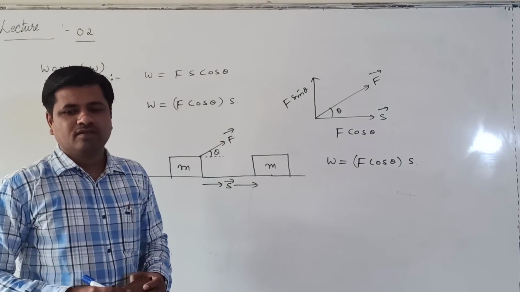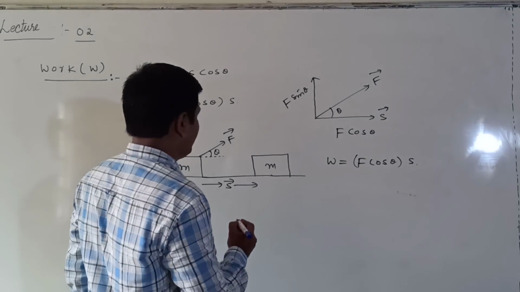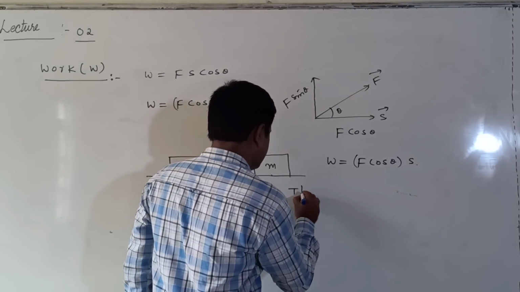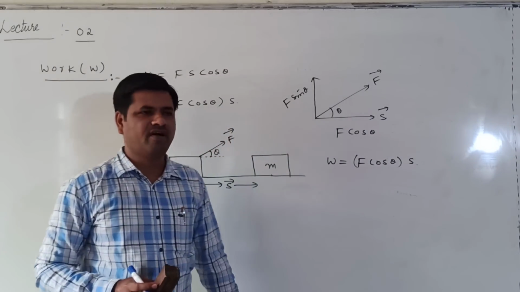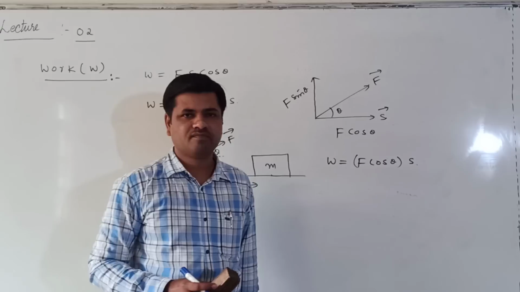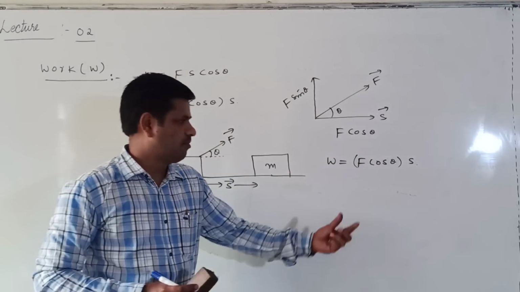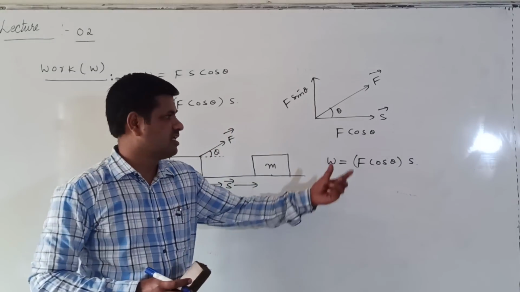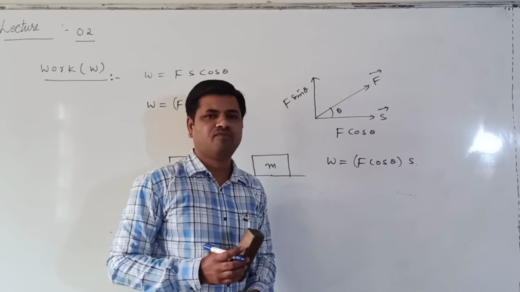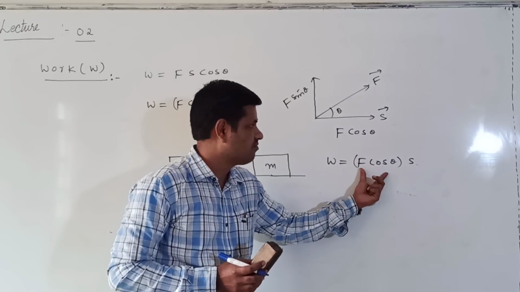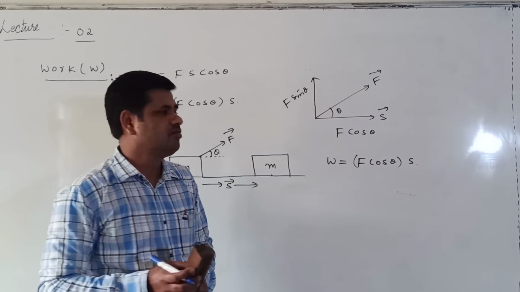Here we are saying that the work done by the force is defined as the product of the component of the force in the direction of the displacement and the magnitude of the displacement.